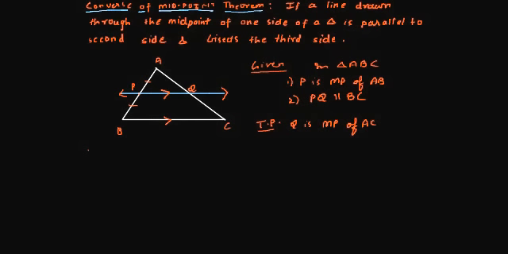Now let us take a sum so you will understand it better. Say the question is this: P is midpoint of AB and PQ is parallel to BC.